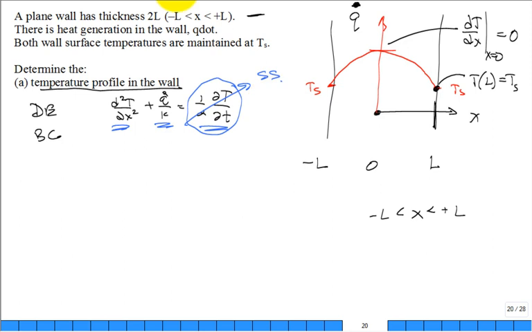So our differential equation looks something like the second derivative with respect to x is equal to negative q dot divided by k. And our two boundary conditions, I'm not going to repeat them. I'm just going to say this is boundary condition number 1, and this is boundary condition number 2. So there's our differential equation with two boundary conditions.